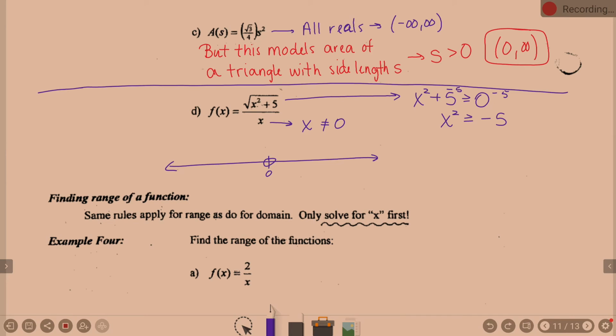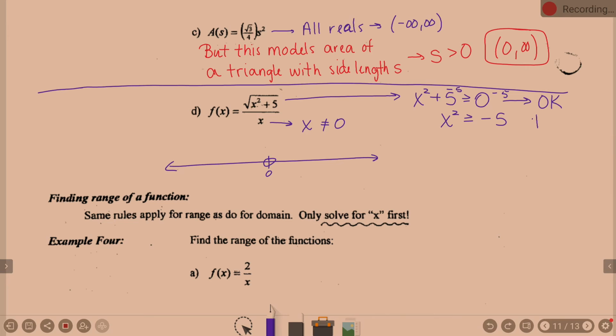And I know that because right here when I tried to take the square root of a negative, I was like, oh, wait, I can't take the square root of a negative. And so at that point, basically what we need to say is this piece is okay. You don't have to worry about it. And it's okay because it's already going to be positive. How do I want to say this?